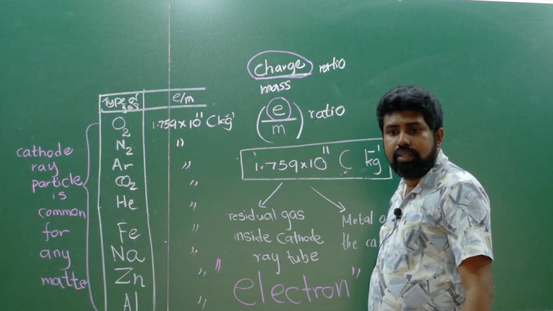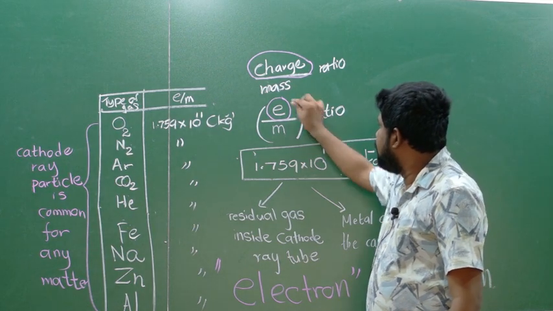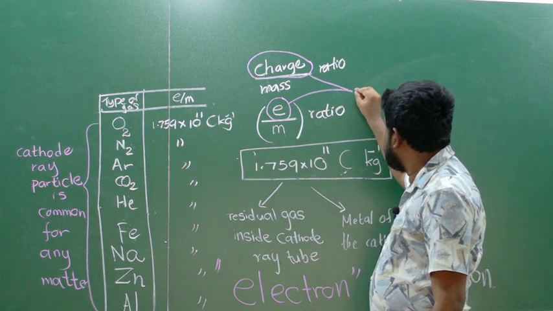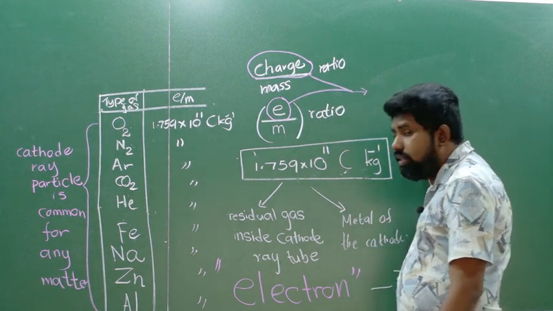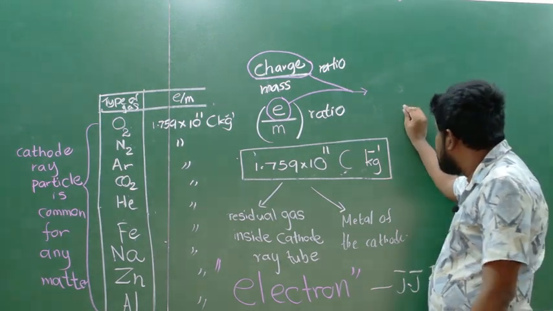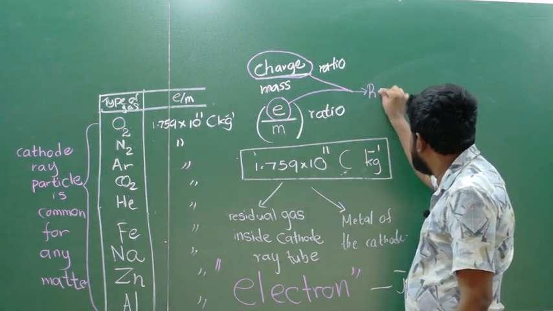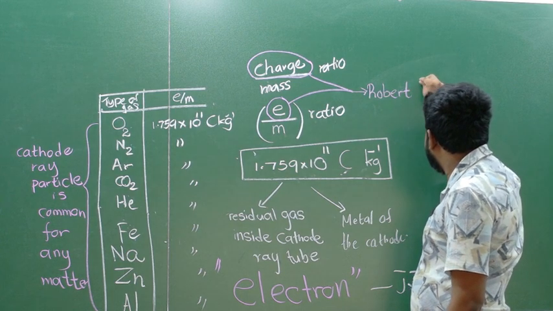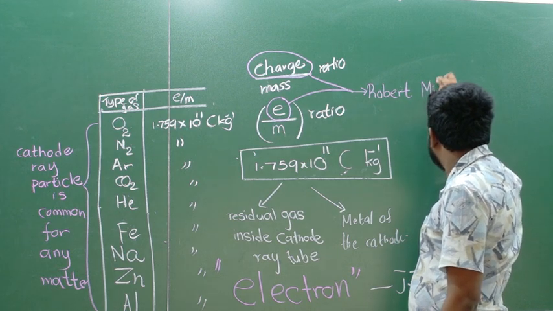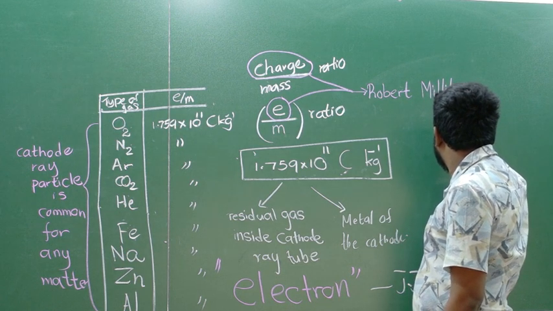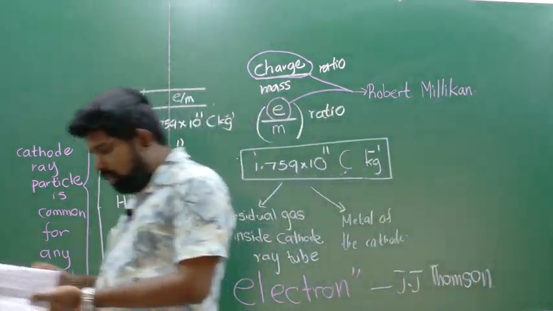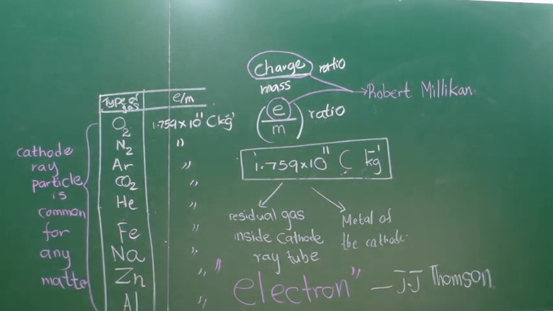The charge, or the value of e, of the cathode ray particle was found by a different scientist. His name was Robert Millikan. Okay, Millikan.